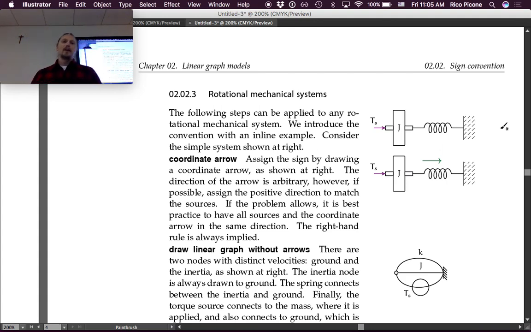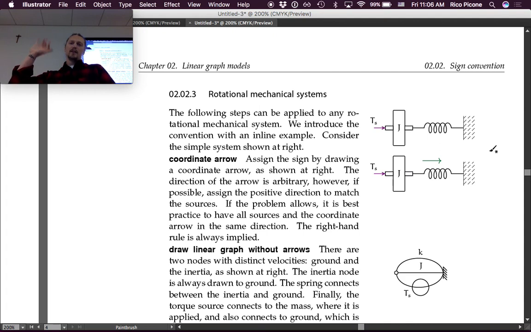So the first step, once again, is to assign a coordinate arrow. Assign the sign by drawing a coordinate arrow. So we do that here. The green arrow is our coordinate arrow. And when we draw an arrow like this for a rotational system, what we mean is a rotation in the direction that the right-hand rule would give if we aligned our thumb in the direction of the arrow.